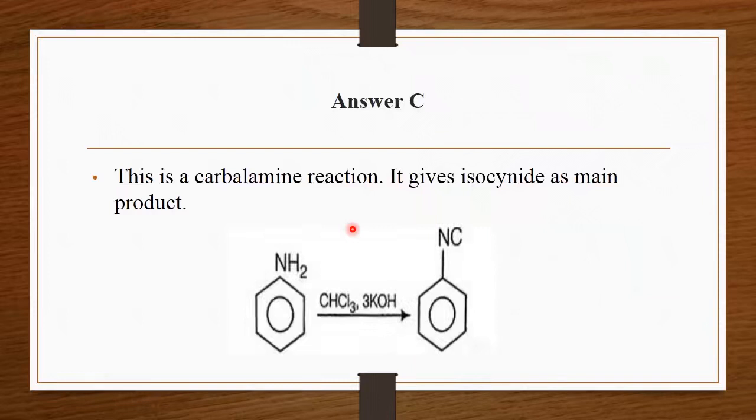That is our reaction, our aniline when reacted with chloroform in presence of KOH, the NH2 group in aniline undergoes the carbylamine reaction and is converted into isocyanide, that is N triple bond C. Isocyanide means N triple bond C. Cyanide means CN, C triple bond N. So carbylamine reaction is a method to prepare isocyanide from amine. Okay, so our answer is answer C.